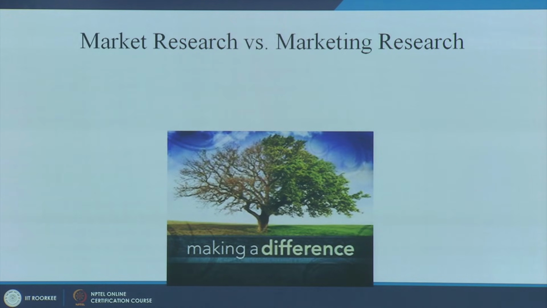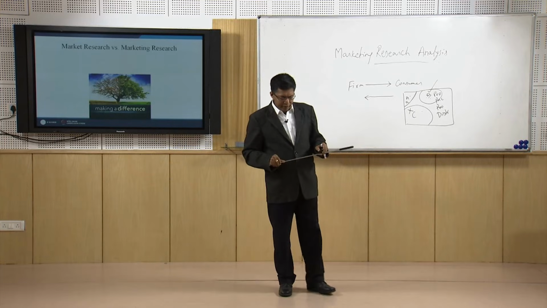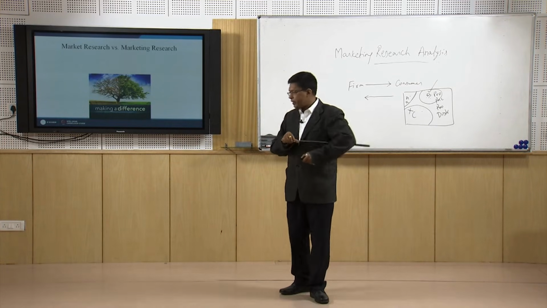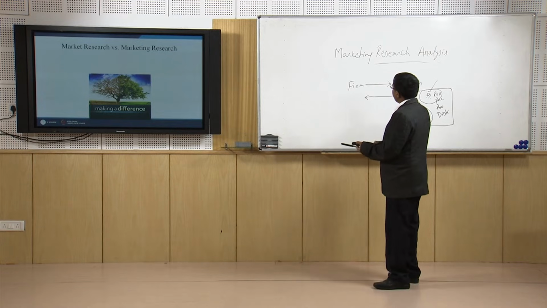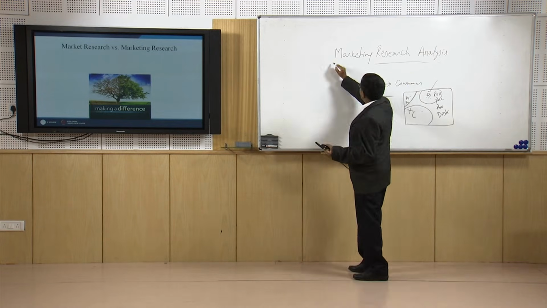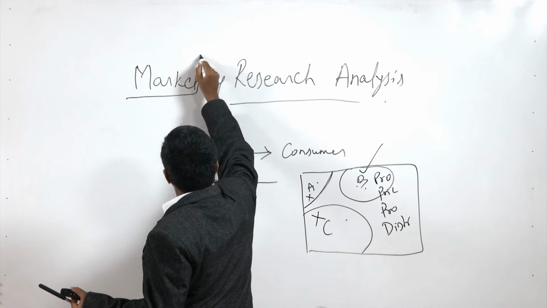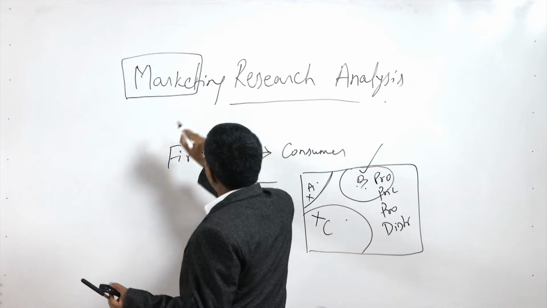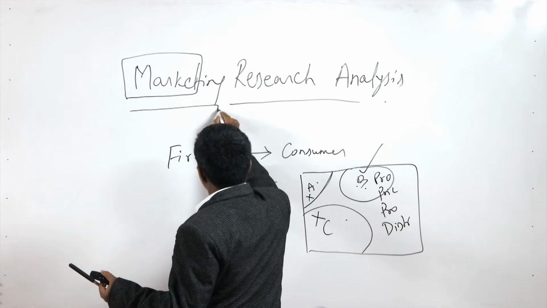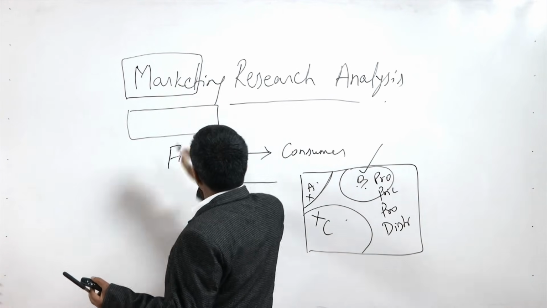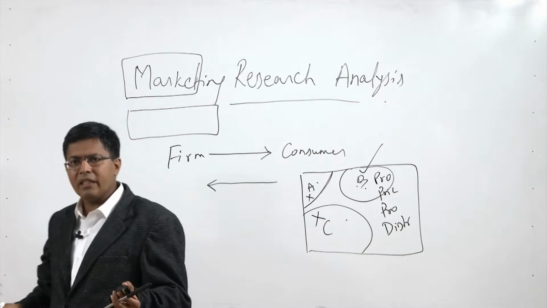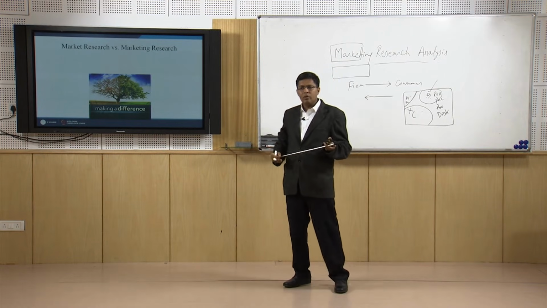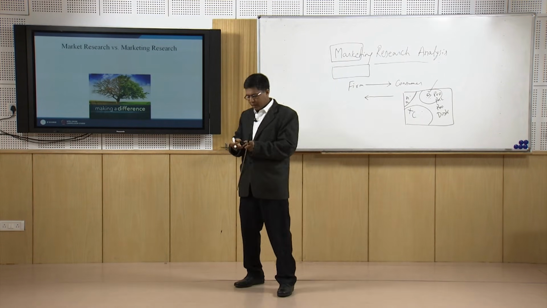Now, this is a classic question that comes when we are into the subject of market research. What does this mean? Let us break it up into 2 parts: market, and then marketing. So, what is market research and what is marketing research? Is there a difference between the two? We have to think.